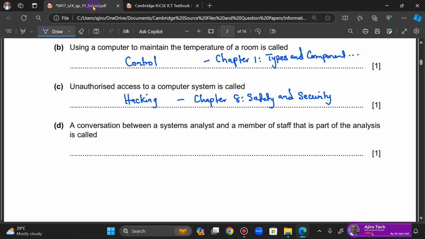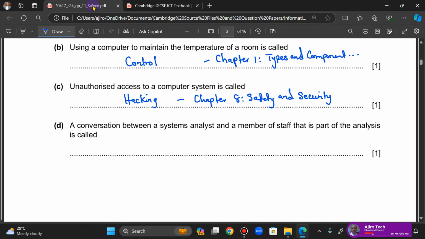A conversation between a system analyst and a member of staff that is part of the analysis is called... Now when you're having a conversation between the system analyst and a member of staff that's part of the analysis, you're looking at chapter 7, the system life cycle. Under the system life cycle, we have methods of analyzing the current system.